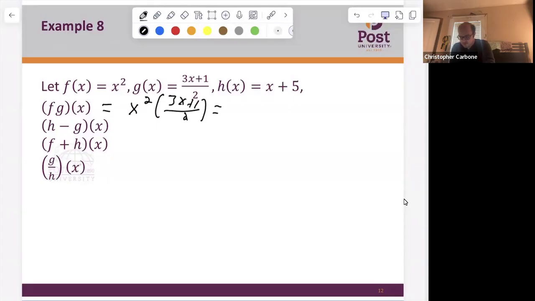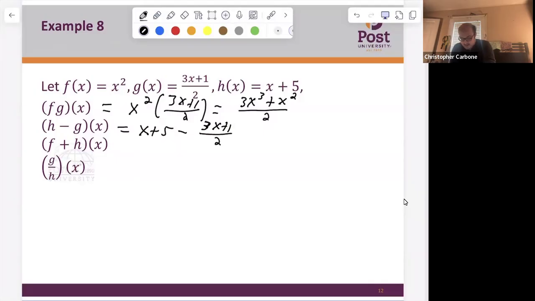So that is going to be 3x cubed plus x squared divided by 2. H minus g of x will just be x plus 5 minus 3x plus 1 over 2. We're not going to attempt to combine those, so we'll just leave it the way it is.